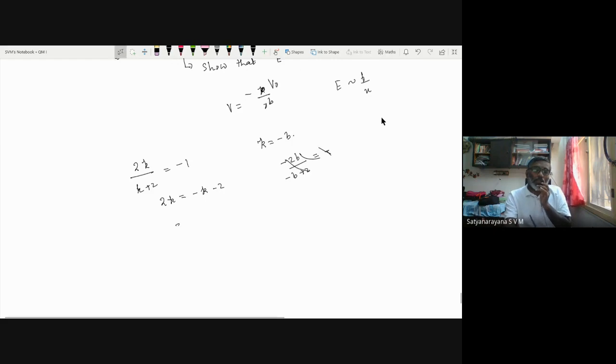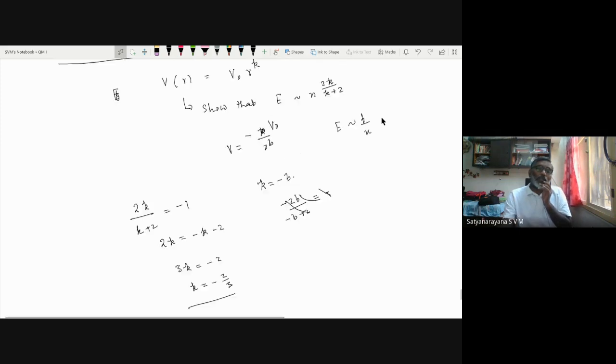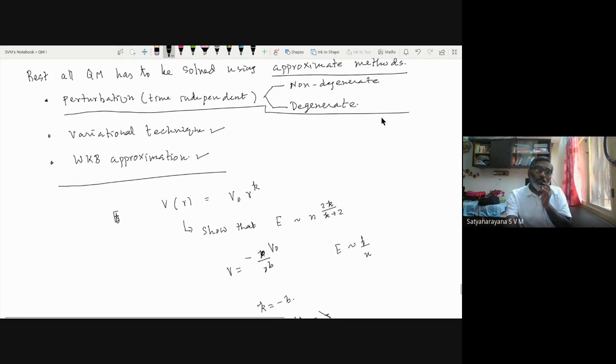So 3k is equal to minus 2, or k is equal to minus 2 by 3. So k equal to minus 2 by 3 means you have to put the value v naught into r to the power minus 2 by 3. That is equal to v naught divided by r to the power 2 by 3.